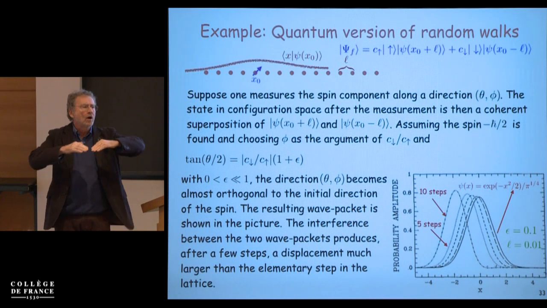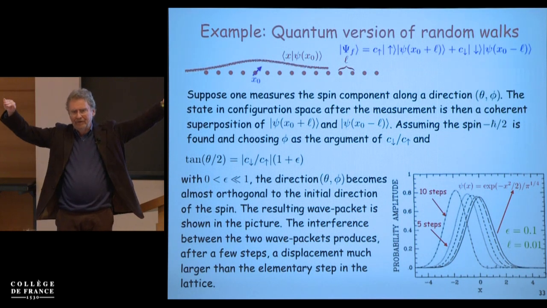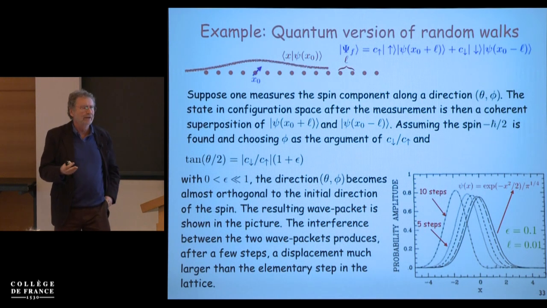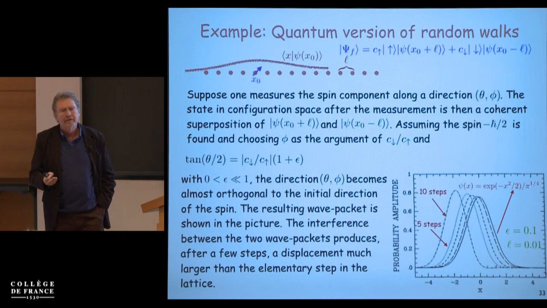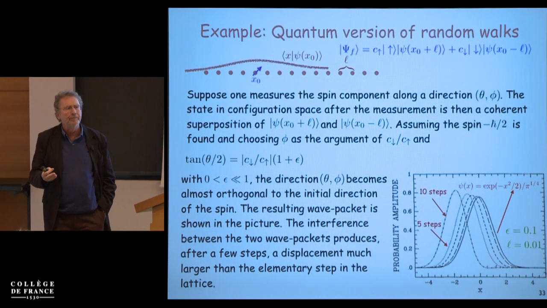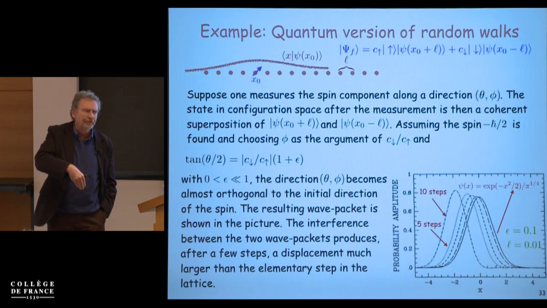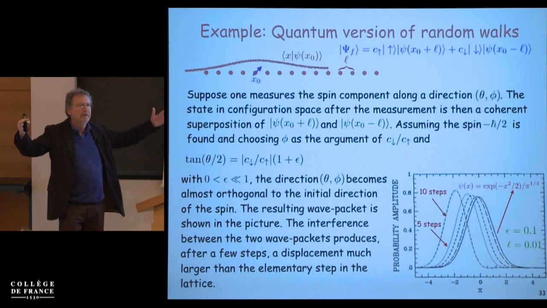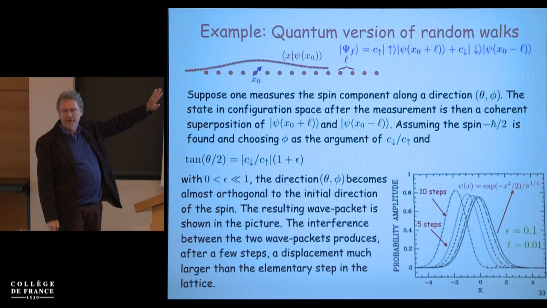The quantum walk gives you two peaks apart from the origin, and that's why the quantum walk has been considered by some people as a possible algorithm for computation. In fact, the classical walk is one of the algorithms used for computation, okay? Because of the speed up, which is already manifest in this case.